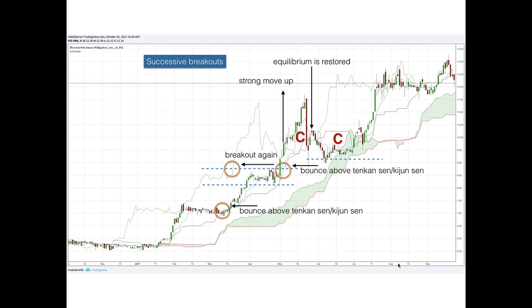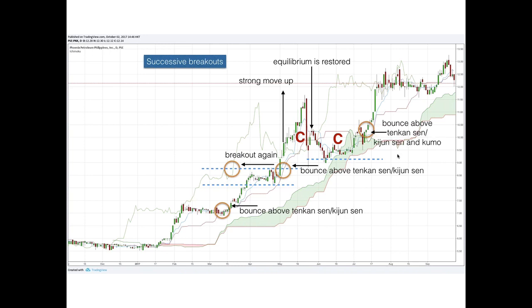However, price dropped once again and it formed another C pattern. After that consolidation, price went up again to restore the equilibrium between Kijun-sen and Tenkan-sen. Notice how Kijun and Tenkan in this area are now together again.